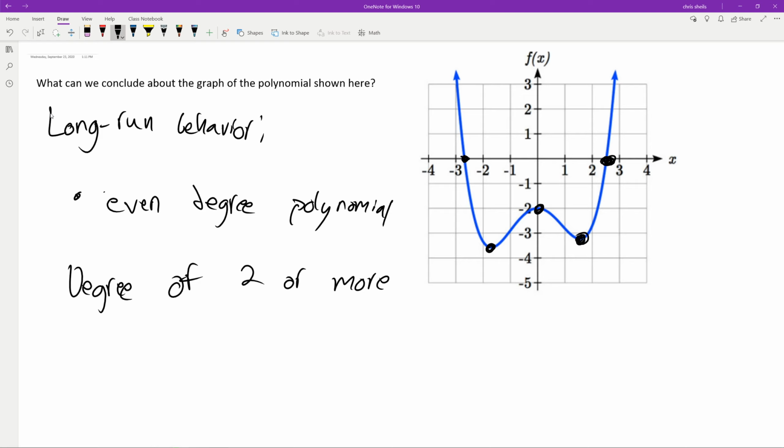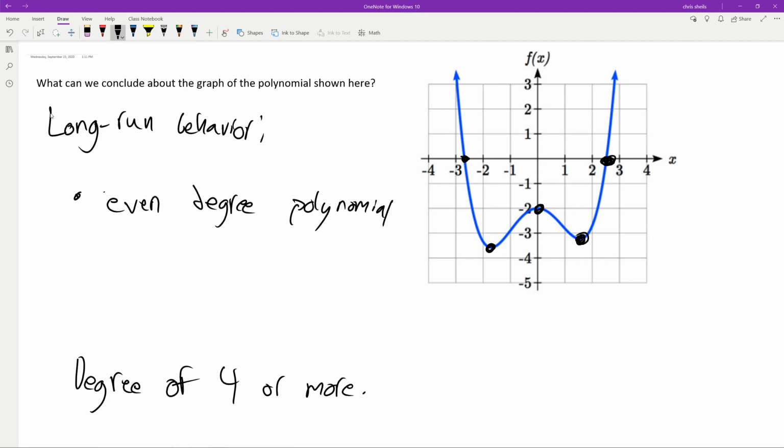The 3 turning points means that this has degree of 4 or more. So I can erase this previous line, right? 4 is greater than 2. So the 3 turning points suggest that this has degree of 4 or more because a polynomial has at most n minus 1 turning points. If n minus 1 is equal to 3, then n is 4 at least, right?